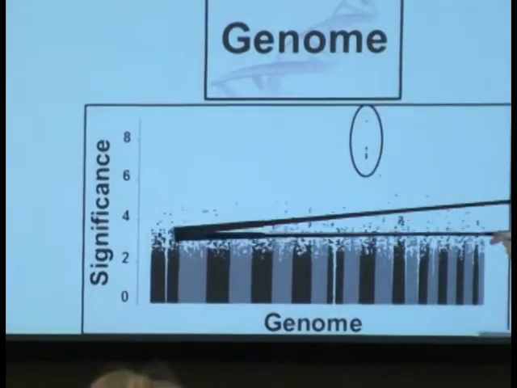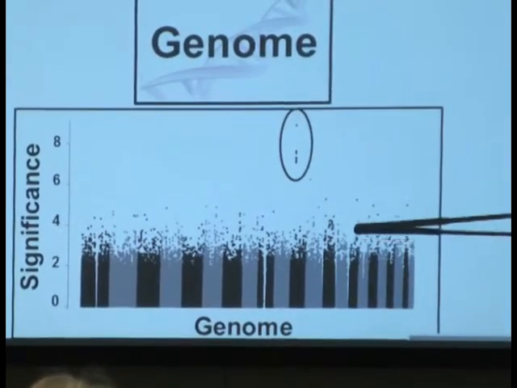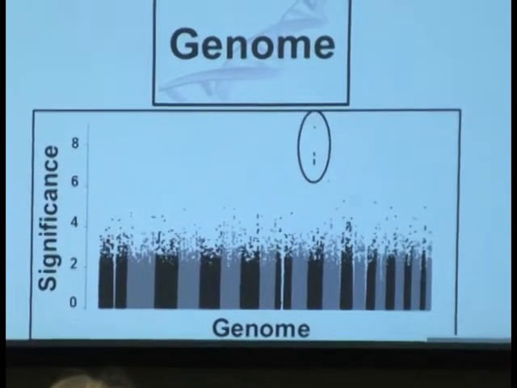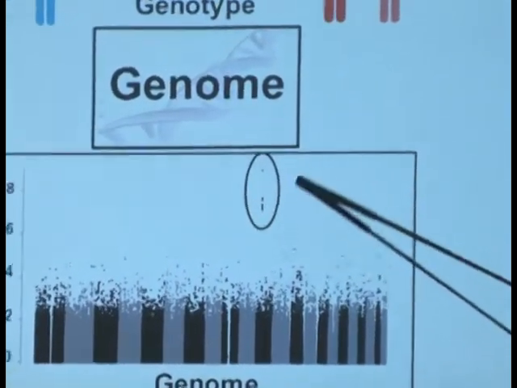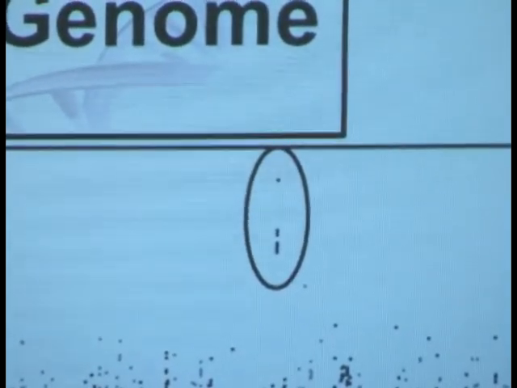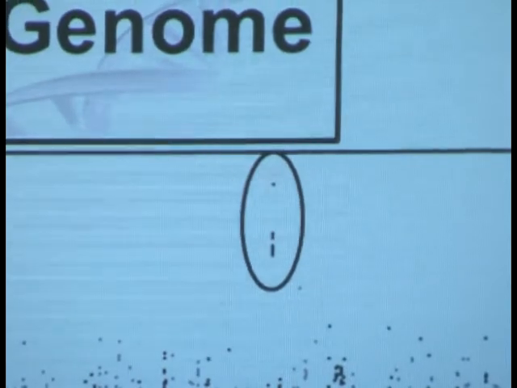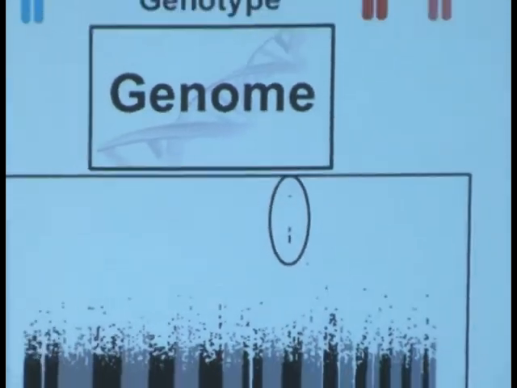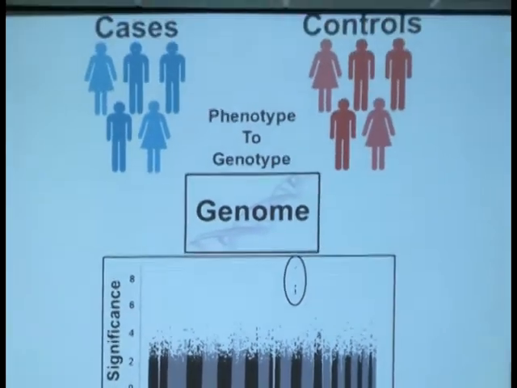And we do this 1 million times across the human genome. And the hope is you identify a region on the human genome that has increased significance that might direct you and try to explain why some people have blue eyes and why some people have brown eyes. So that's the whole basis of the genome-wide association study.